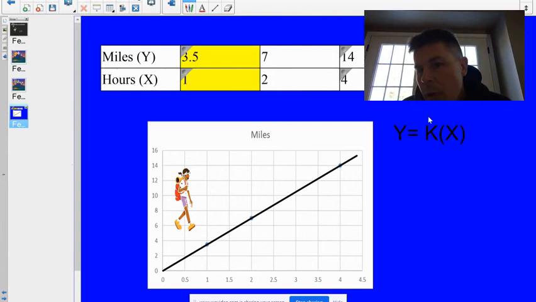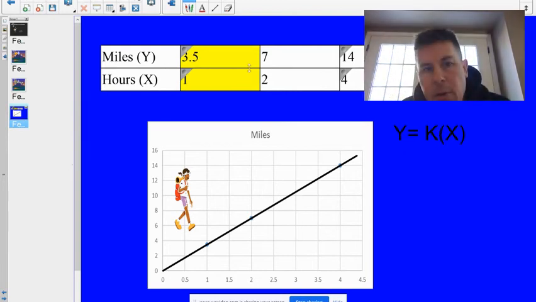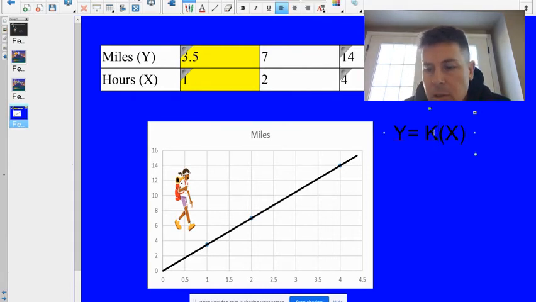So what we would do is just take that unit rate, 3.5 to 1, and put it in for our k, our constant of proportionality, okay? So our equation, once we put that in, we could put 3.5 over 1, but we really know that 3.5 divided by 1 is just 3.5.